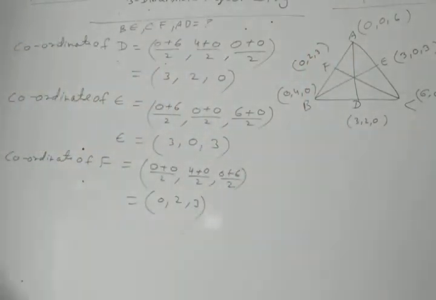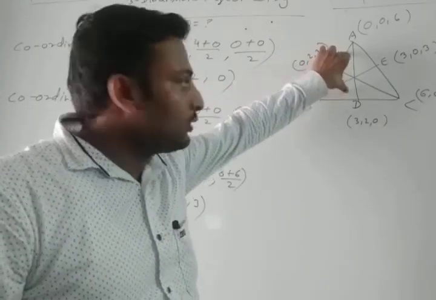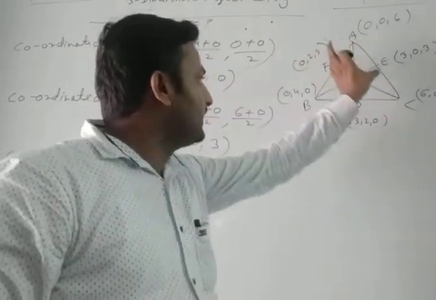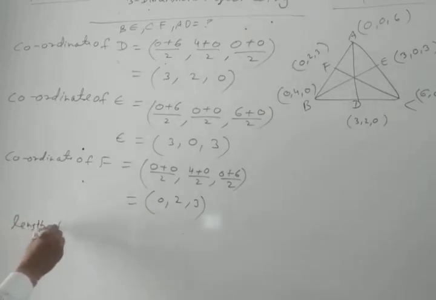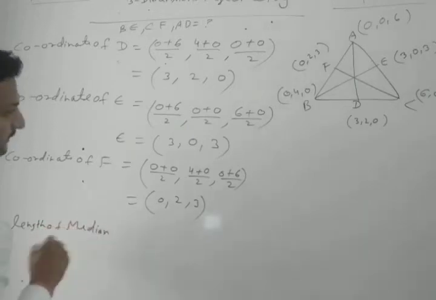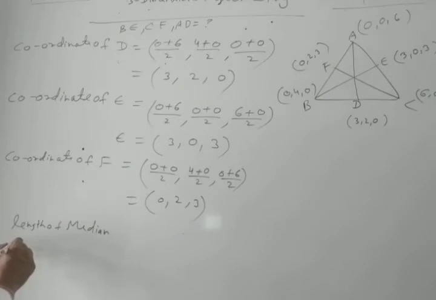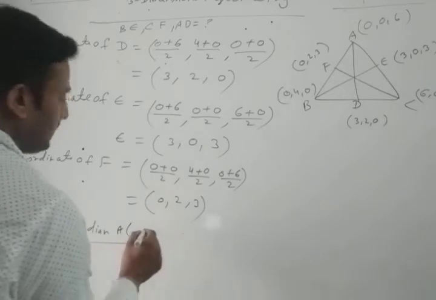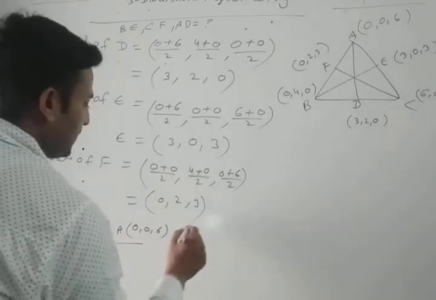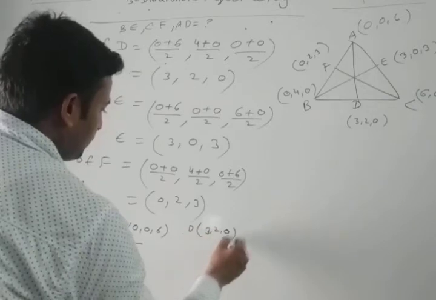Now we have to find the lengths of the medians: AD, BE, and CF. First, the length of median AD. The coordinate of A is (0, 0, 6) and D is (3, 2, 0).